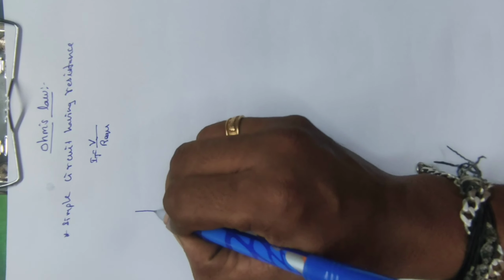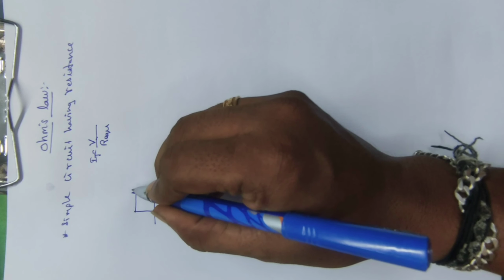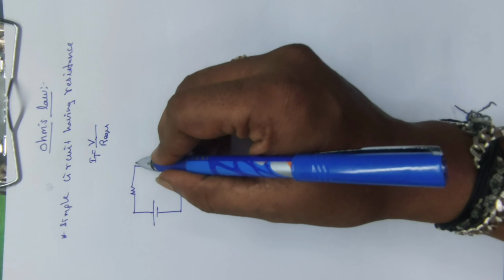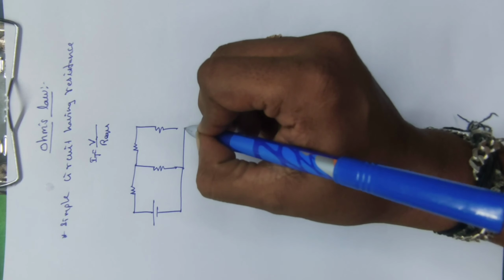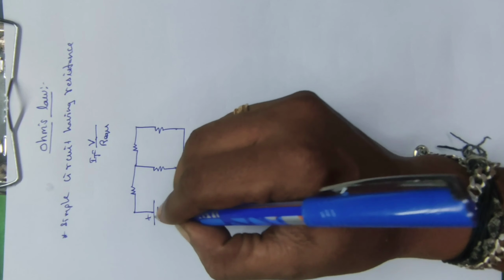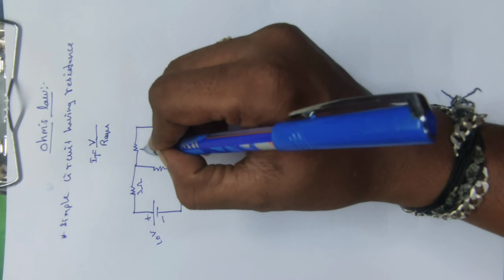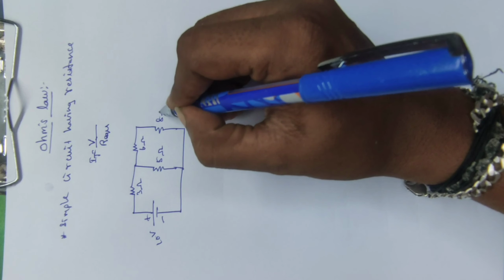Now I am choosing a very simple circuit that has two loops. For this kind of circuit, we are going to apply Ohm's law and determine the total current. As an example, I am taking 10 volt, and the resistances are 3 ohm, 6 ohm, 5 ohm and 8 ohm.